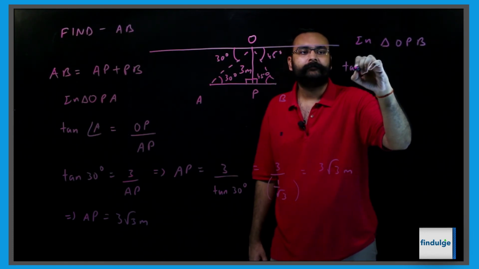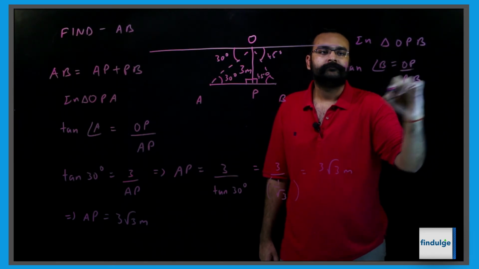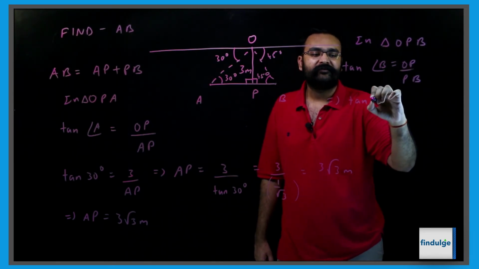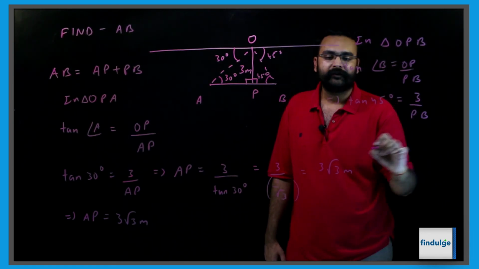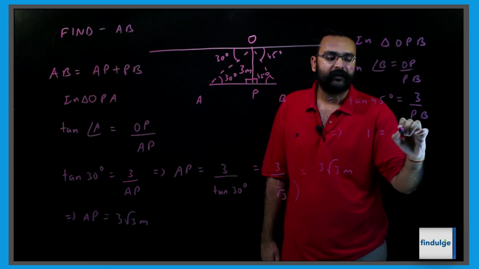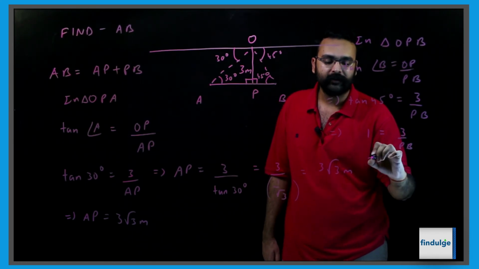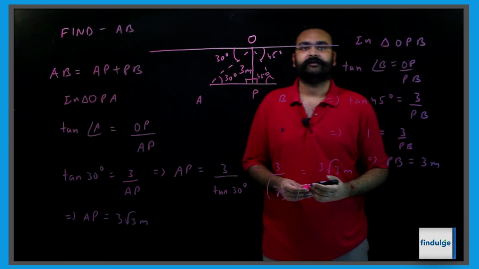Now we will find PB in a similar way in triangle OPB. Tan angle B will be OP upon PB, which means tan 45 is equal to 3 upon PB. Now tan 45 is nothing but 1. So we end up getting 1 is equal to 3 upon PB, which means PB is equal to 3 meters.